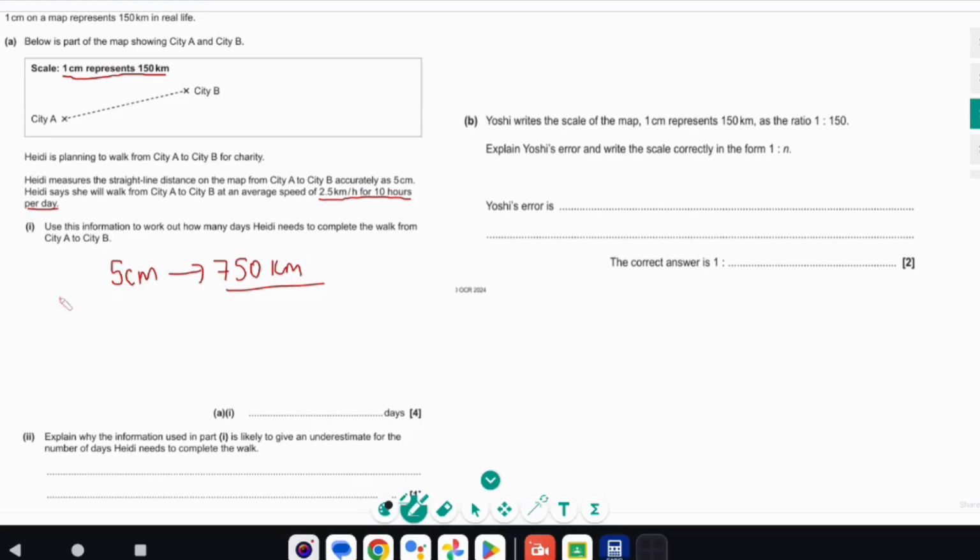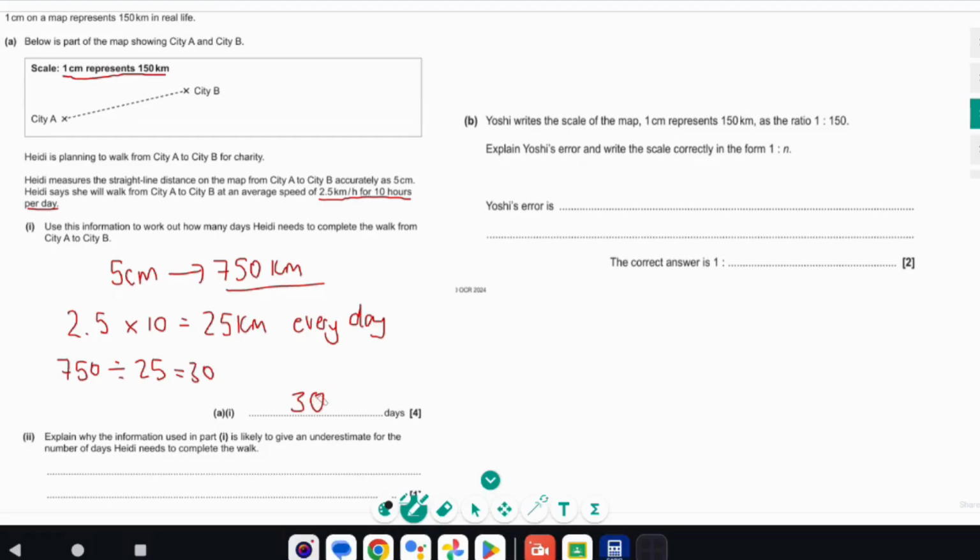That means every hour she walks 2.5 kilometres, and she's doing that for 10 hours. Let me multiply those values together to get 25. So every day she's walking 25 kilometres. So let's just divide now to work out how many days it will take her. 30.